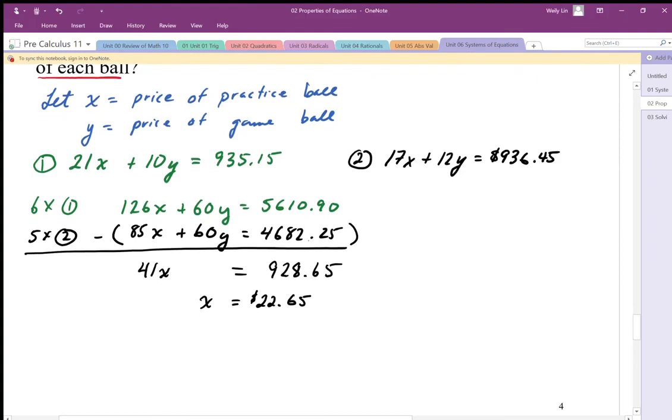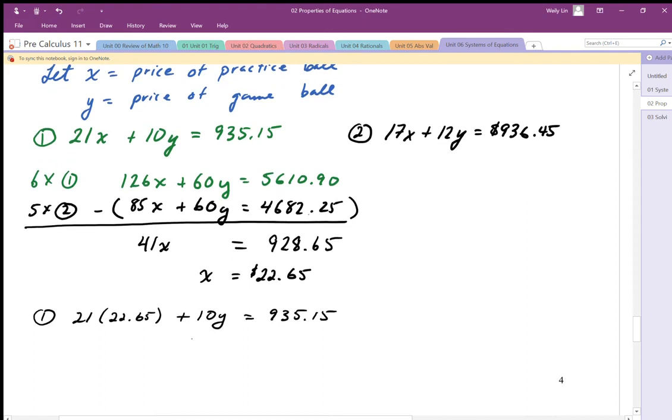I haven't finished here because I still need to solve for the game ball cost. So I'm going to plug it into equation number 1. It's going to be 21 times the practice ball cost of $22.65. That leaves me with just the y variable left in that equation. 21 times 22.65 is going to give me $475.65.